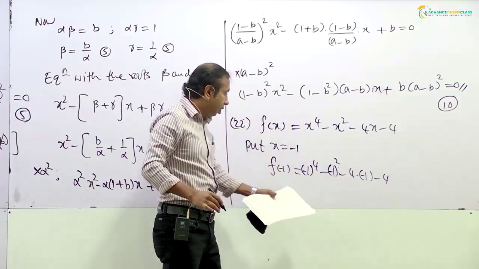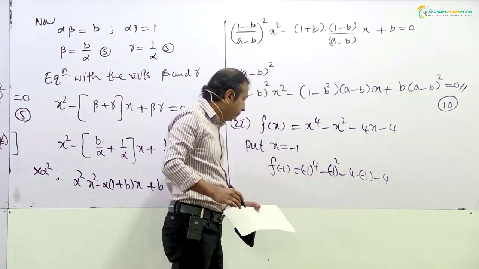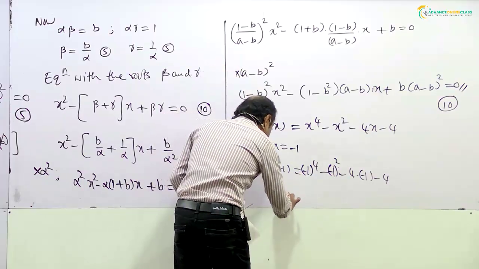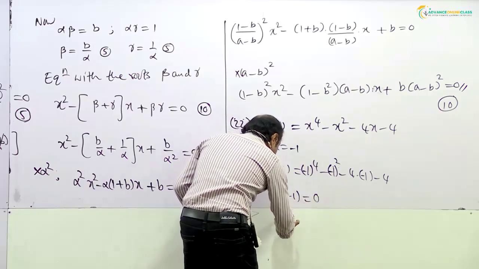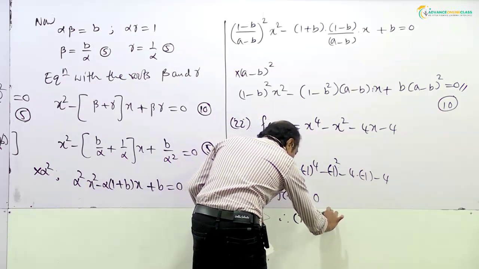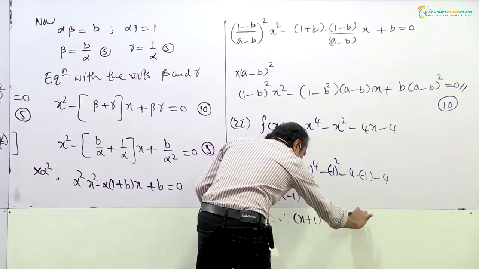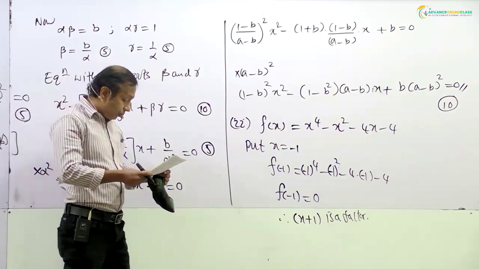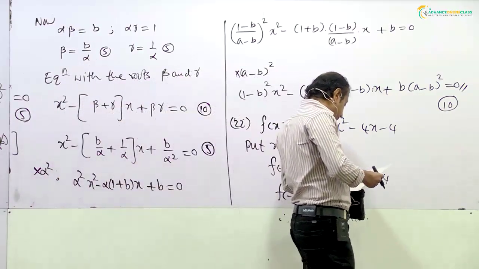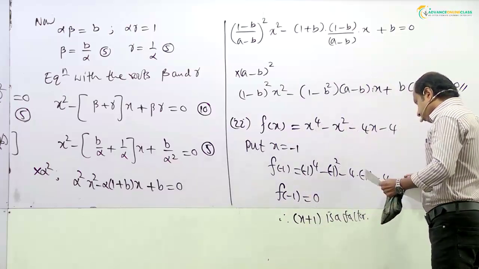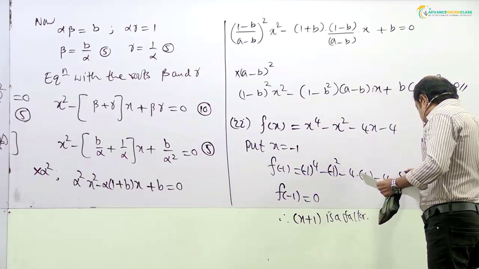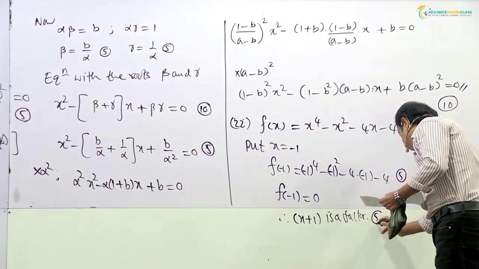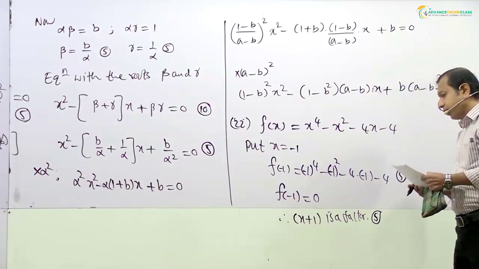So then here plus 4 minus 4, 0. Here 1 minus 1, 0. If f(minus 1) is 0, therefore x plus 1 is a factor. Substitute x equals minus 1 and get 5 marks, and write this inference, 5 marks come in. X plus 1 is a factor.